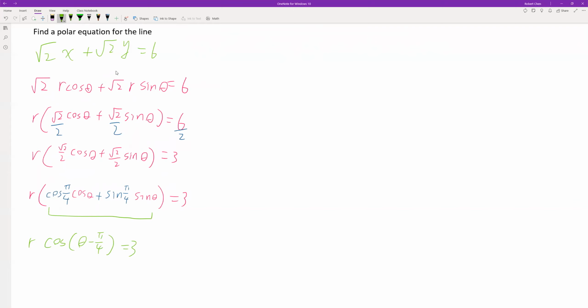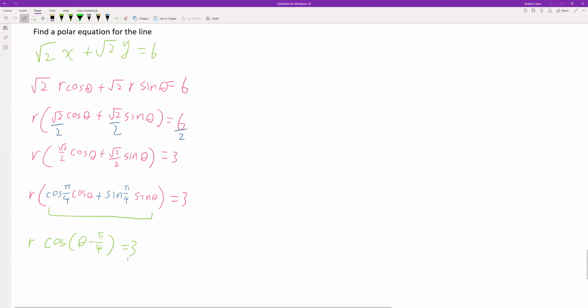Okay? And this is from earlier when we were talking about different types of trig properties that you can use. But to write out the equation in polar form, you will require some technique like this. Divide by a number, usually 2, and then you will get some sort of special angle from this ratio. So rad 2 over 2 and rad 2 over 2 is what we have in this case.